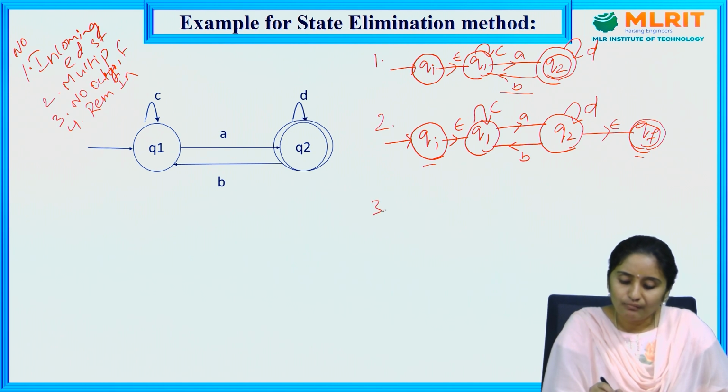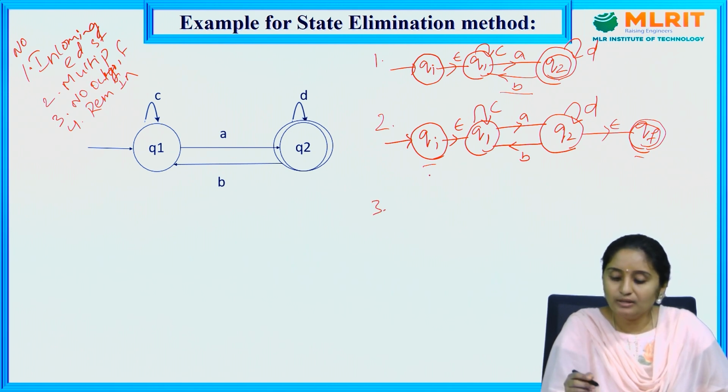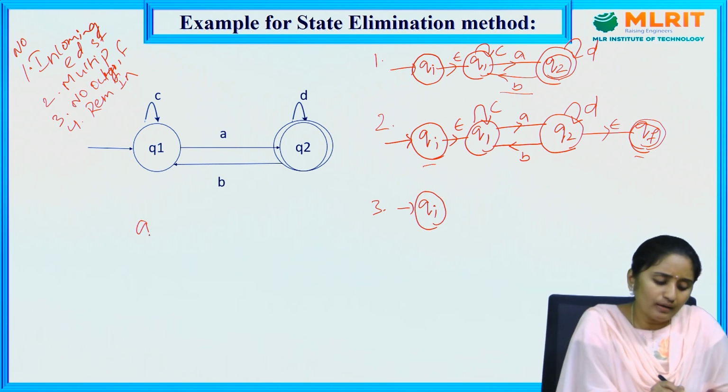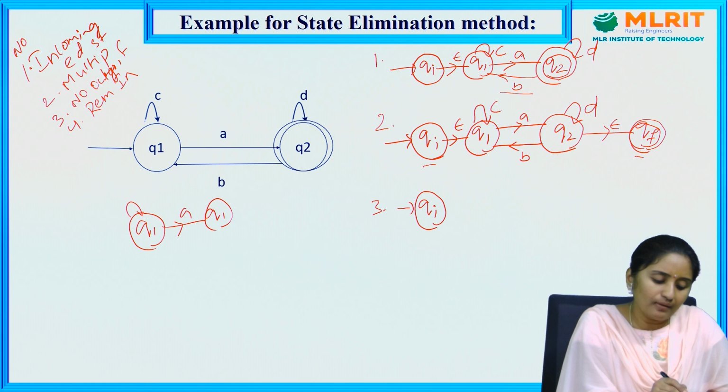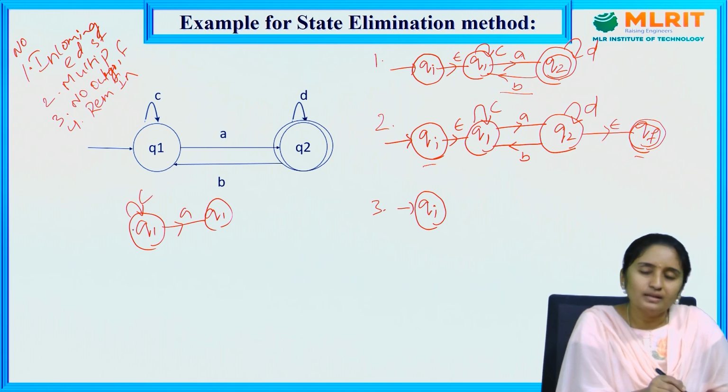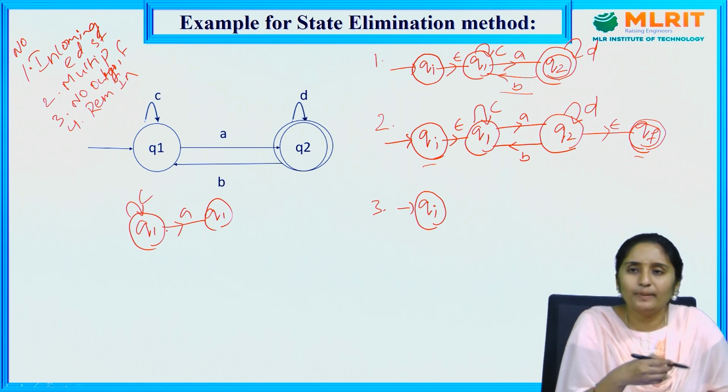So next, we are going to remove the intermediate nodes. First Qi. See here, if I am having a self loop, some self loop on Q1 with A, what are we going to write? A self loop is nothing but repeating that any number of times, nothing but star, Kleene closure.